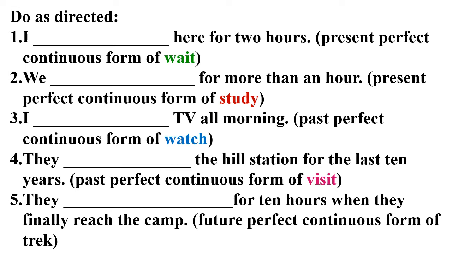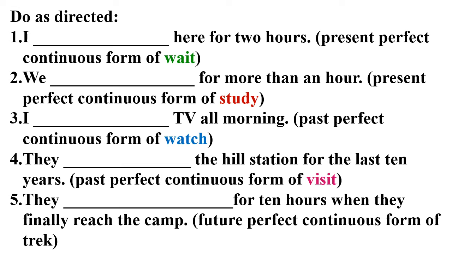To frame a sentence in the present perfect continuous form, first we have to write the helping verb have been or has been according to the subject. If the subject is third person singular, that means if the subject is he, she, it or a name, we have to use the helping verb has been. For all other subjects, we write have been.